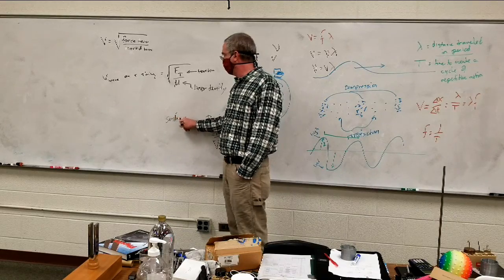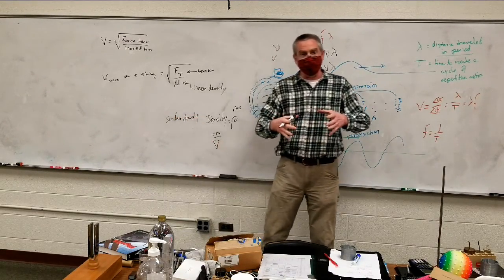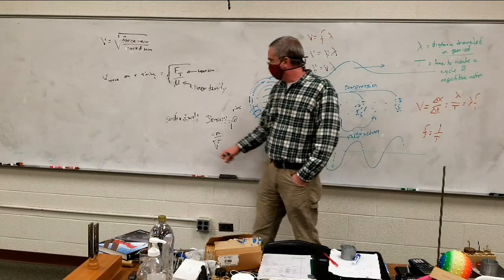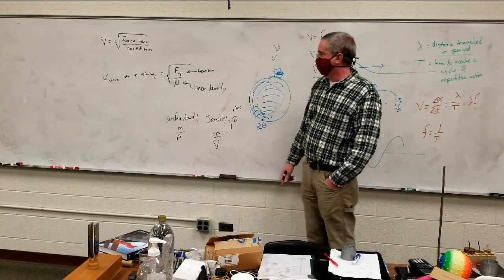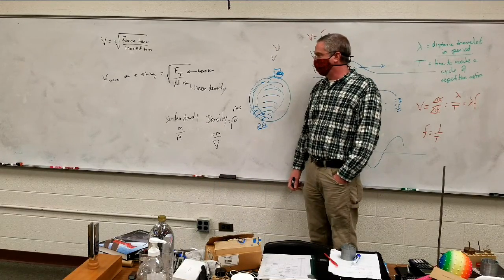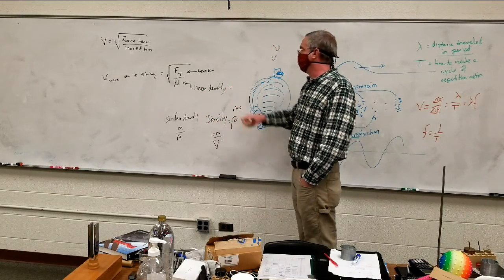Surface density. So we're not dealing with a volume anymore, we're now dealing with an area. Surface density is mass divided by area. Anyone take a wild guess what linear density would be?